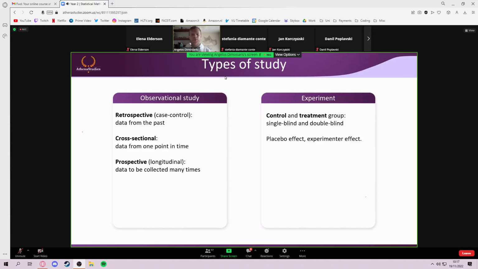And below that, you can see two nice phrases: single blind and double blind experiments. So can someone tell me what is a single blind experiment? When is an experiment single blind?